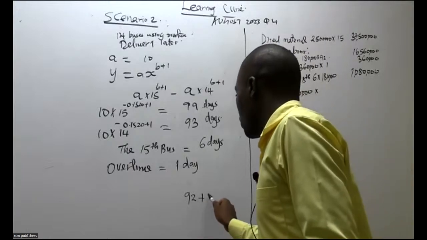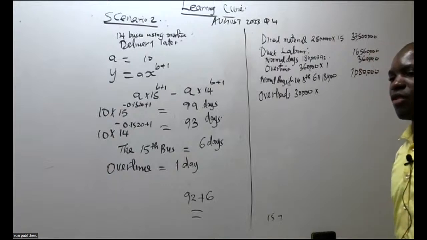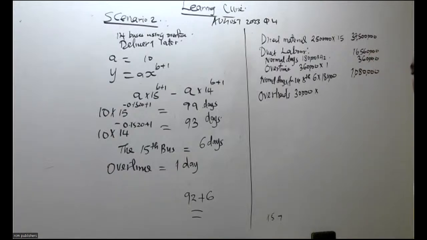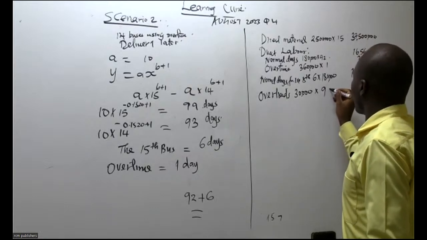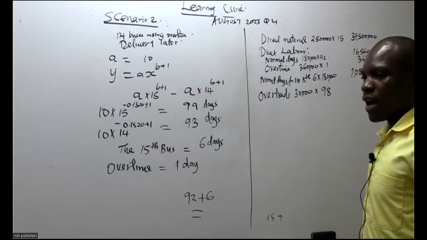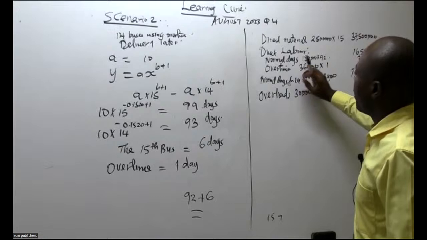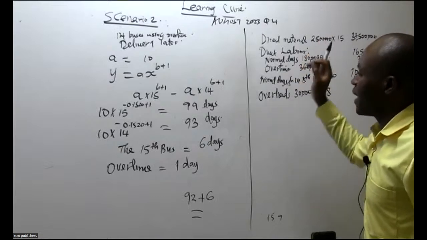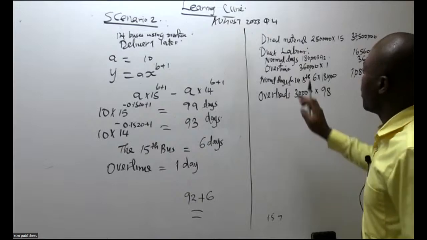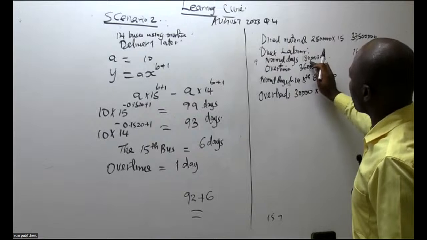So how many days do we have in total? So the overheads will be allocated to 98 days. Another way to identify that, look at your labor cost. How many days did you use the 180 rate for? The first one is the normal days for the 14. I used 180.